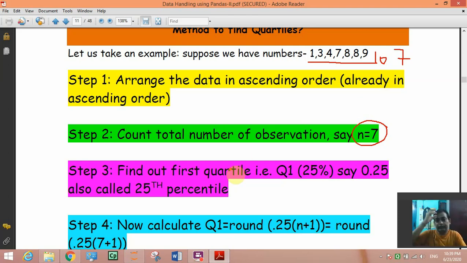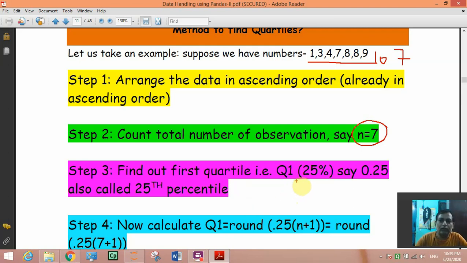First quartile means the marks below which 25% of students are lying. That is called the first quartile.